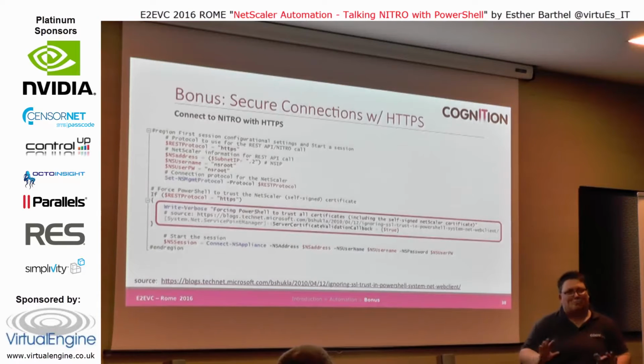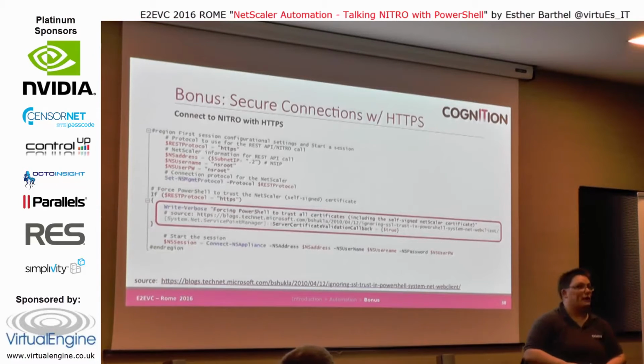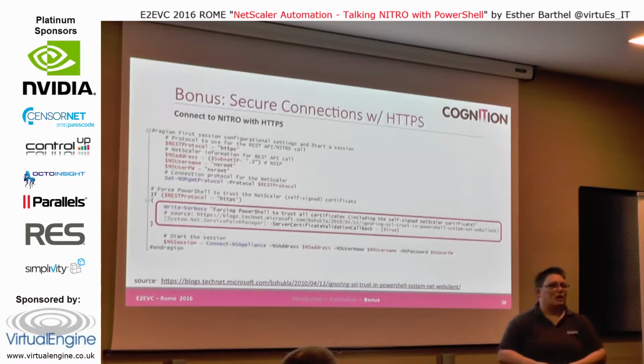So it's not like the best solution, but at least it enables me, because I need to be able to make that first connection to my NetScaler, and I do want it to be secure and not just use HTTP, to at least configure a certificate on my NetScaler and bind that to the NetScaler services to be able to just have secure, correctly certified, set up on my NetScaler.